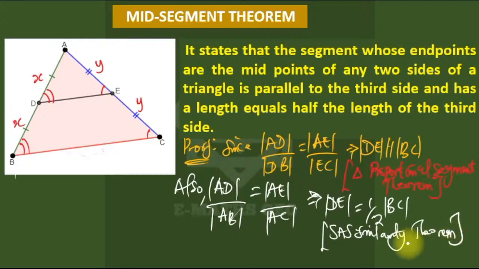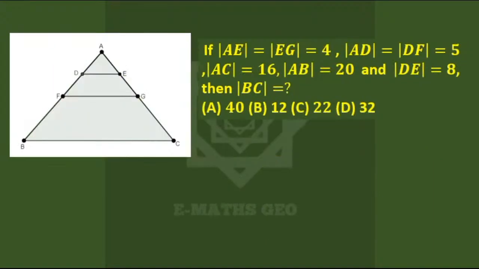So we've proved that. So let's solve a question. It says if AE is equal to EG, which is 4, and AD is equal to DF, which is 5, AC is equal to AB, which is 20, and DE is equal to 8, then BC is, so let's label.